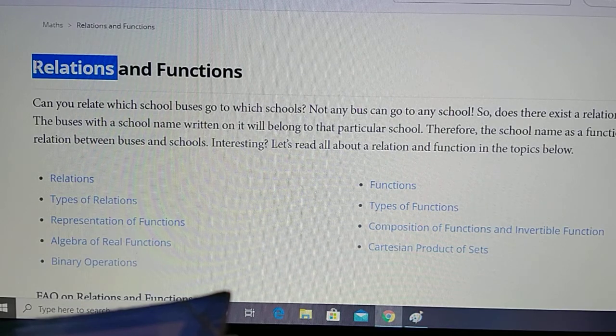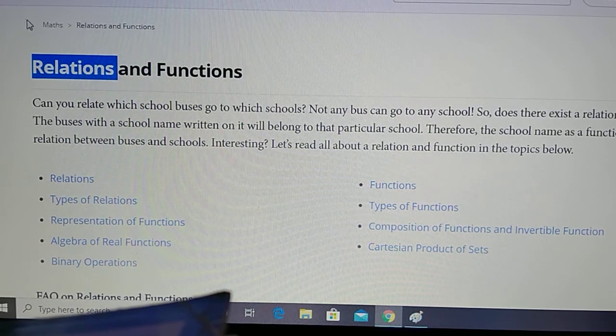For example, if I say a father has a son, it means the father has a relation with his son. So there is a relation of father and son. We can give other examples: mother and daughter, sister and brother, husband and wife. These are examples of relations.